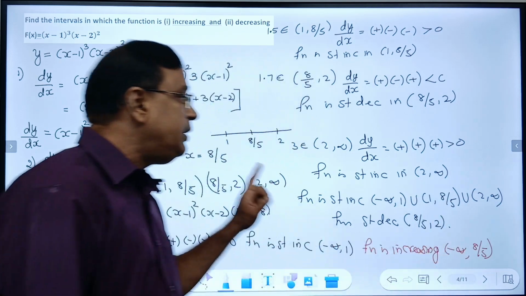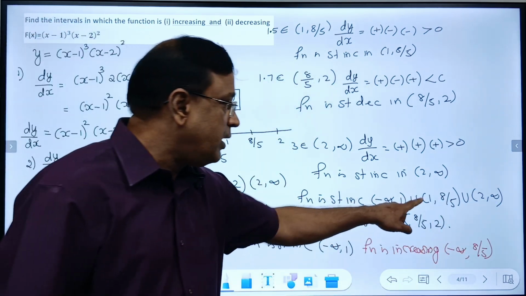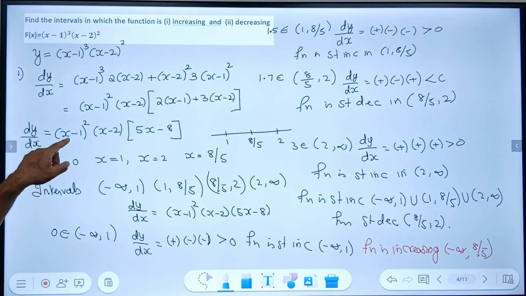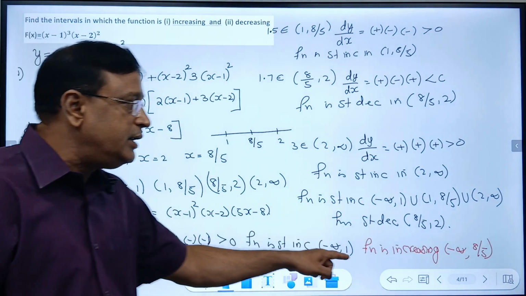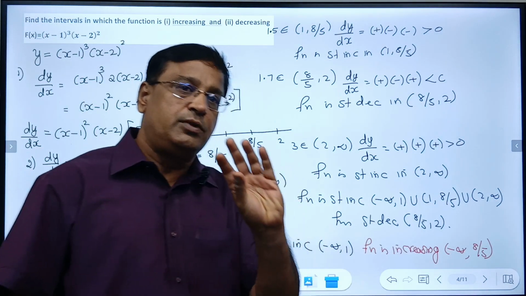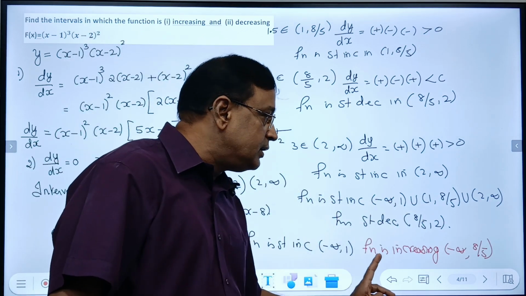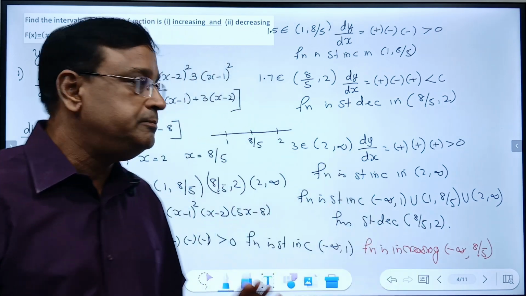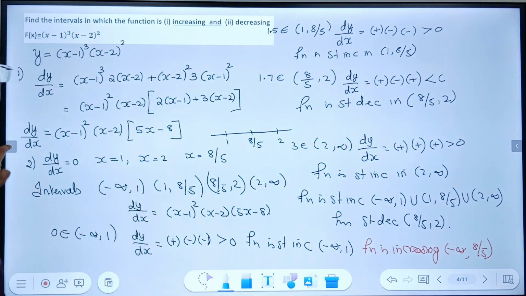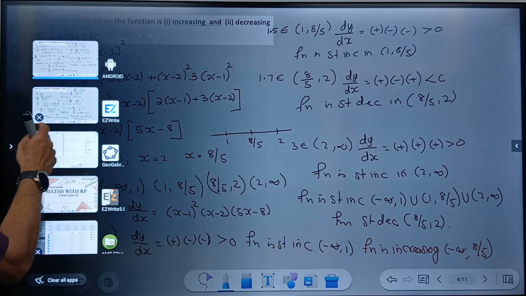At 1, dy by dx will be 0. So it won't be strictly increasing, but it will be increasing. Suppose they ask you strictly increasing, you have to remove 1. If it is increasing, you can include 1. Is that clear?